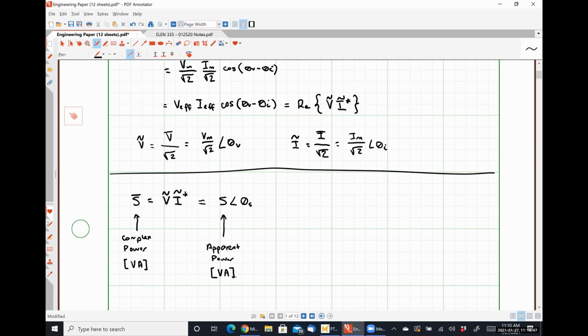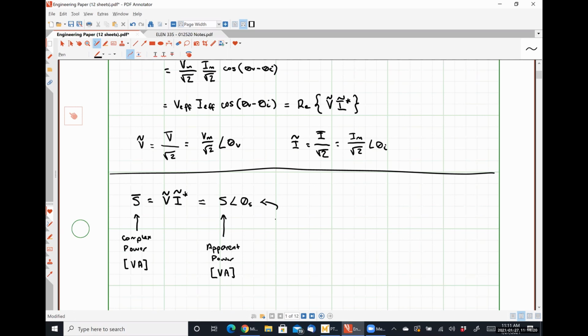Apparent power has units of volt amperes as well, because it simply represents the magnitude of the complex power. So if you ever hear about a quantity in volt amperes that doesn't have an associated phase angle, that means that we're talking about apparent power. If there is an associated phase angle, then obviously we are talking about the complex power.